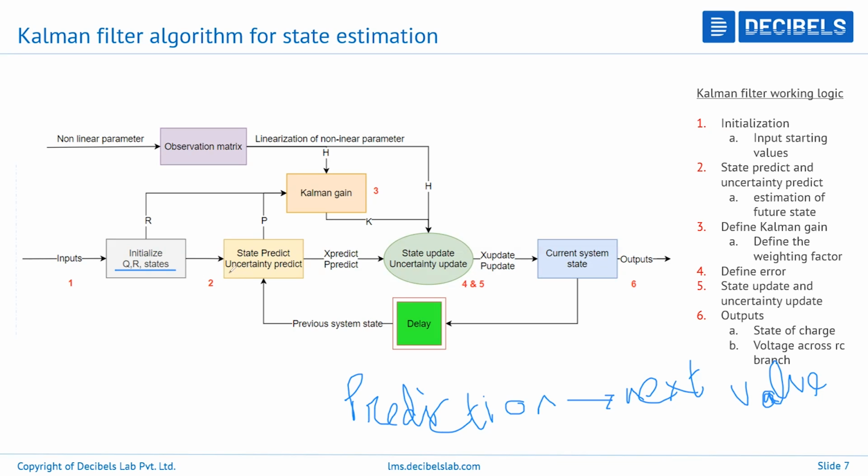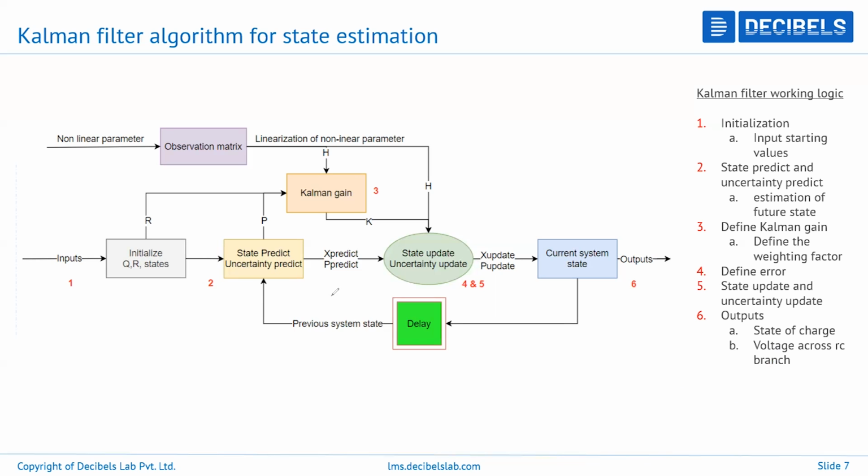Along with state, there is something called uncertainty. Uncertainty is a degree of variation, where you are unsure how much error is present in the predicted state. So we also have to mention uncertainty. Once we have that, both of them simultaneously get updated in this step called state update.